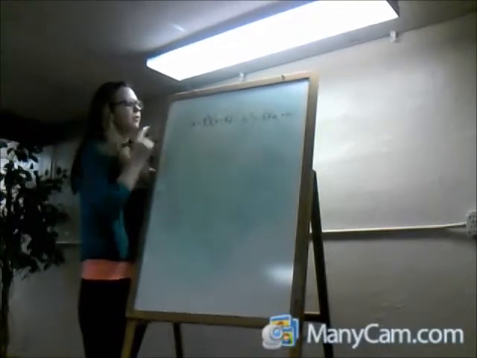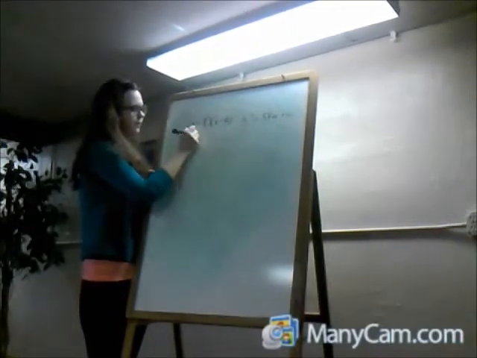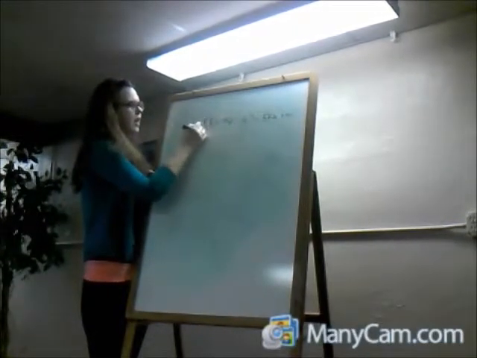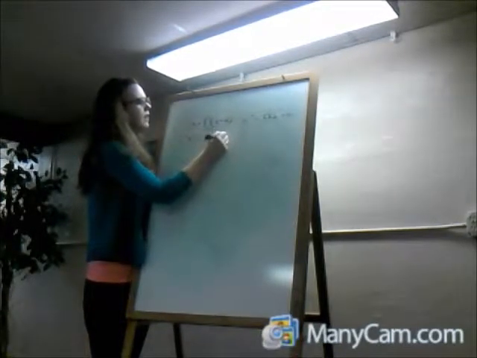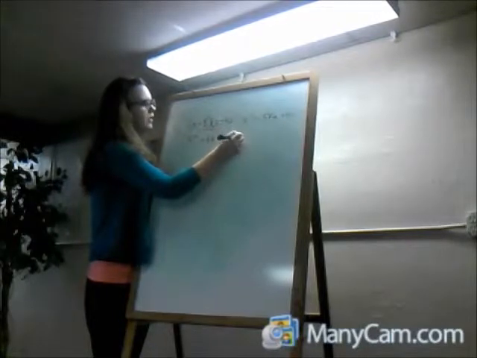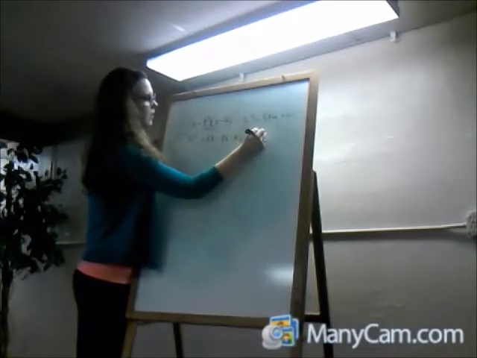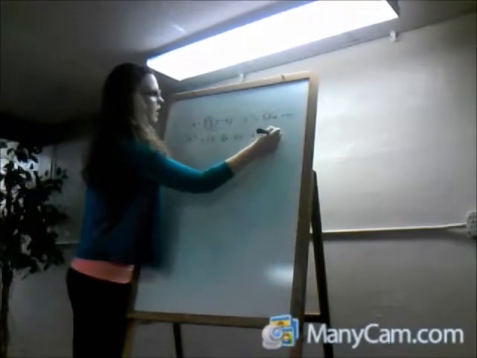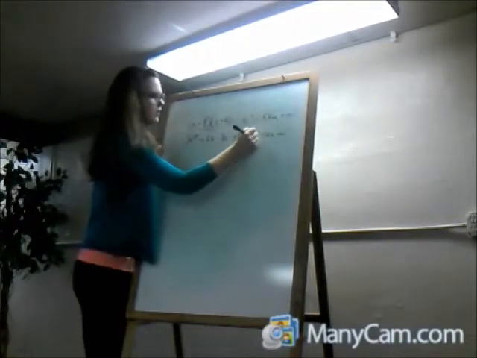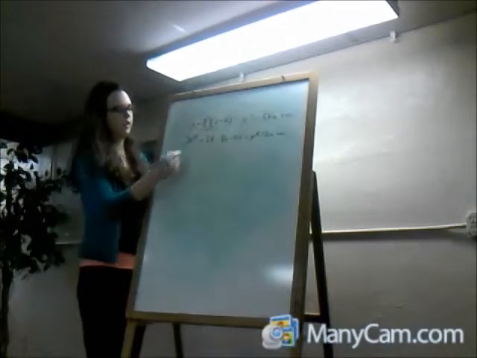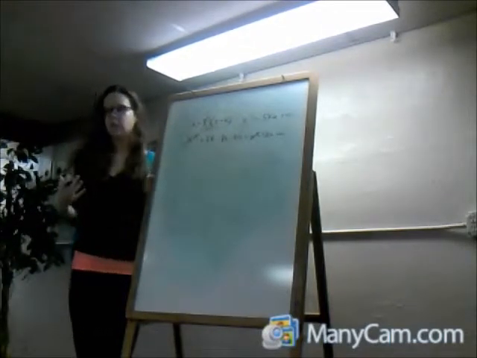So what we do here is we FOIL out this whole thing. So we have x squared, plus 8k, and then minus 8x minus kx. And that equals x squared minus 5kx plus m. Right away, let's get rid of the x squared. Now I'm going to group like terms.